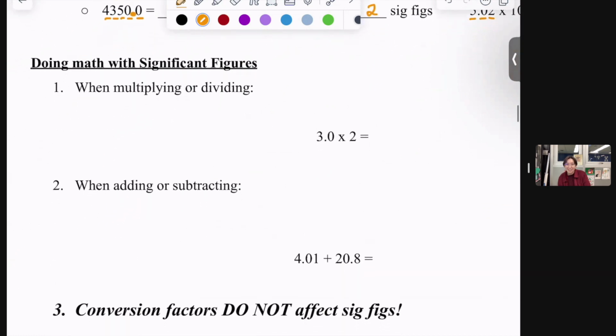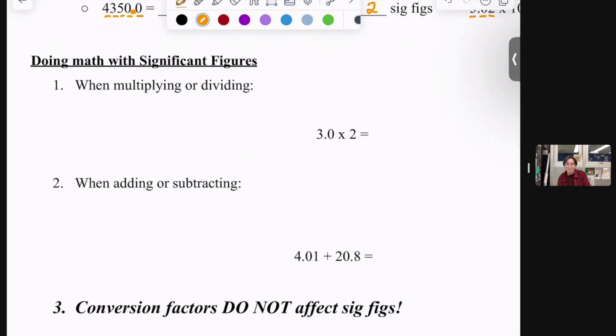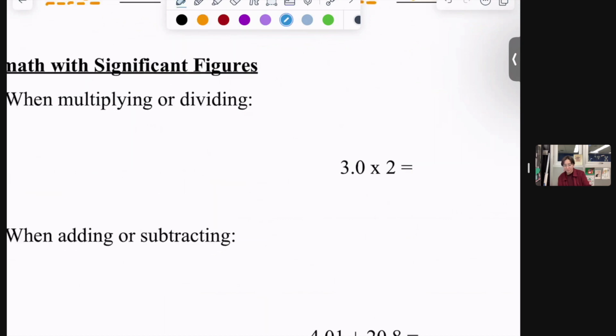And then, it gets so much more fun. There's math with sig figs, yay. Again, more rules, it's great. There's only really 2.